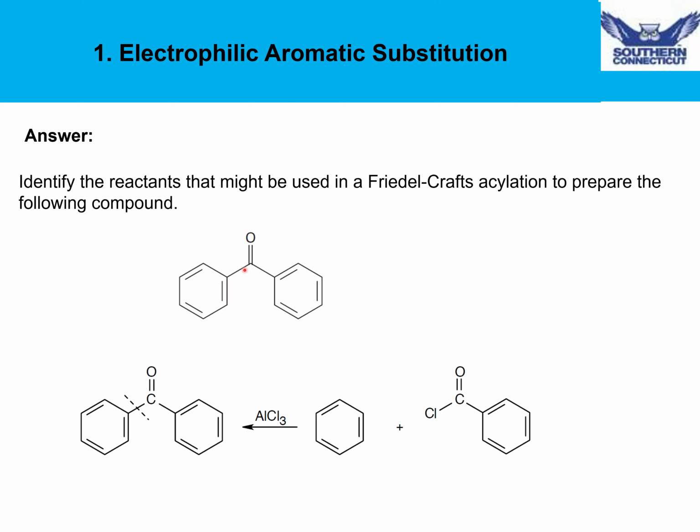So in thinking about this reaction backwards, since we're dealing here with a symmetrical ketone, it doesn't matter which aromatic ring we break off, we're going to have the same reactant. In both cases, we would have to use benzene and the following benzoyl chloride reactant.